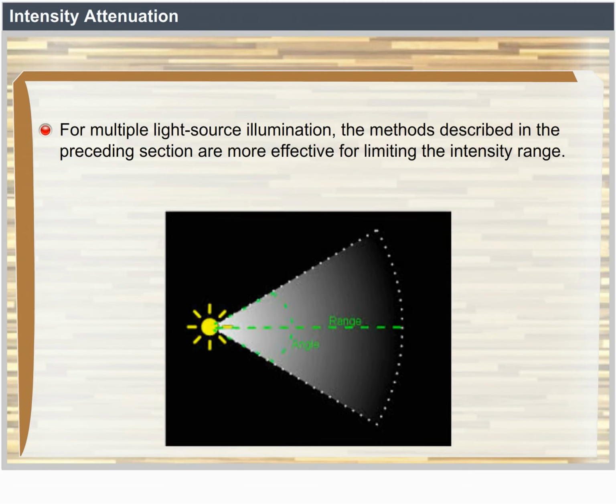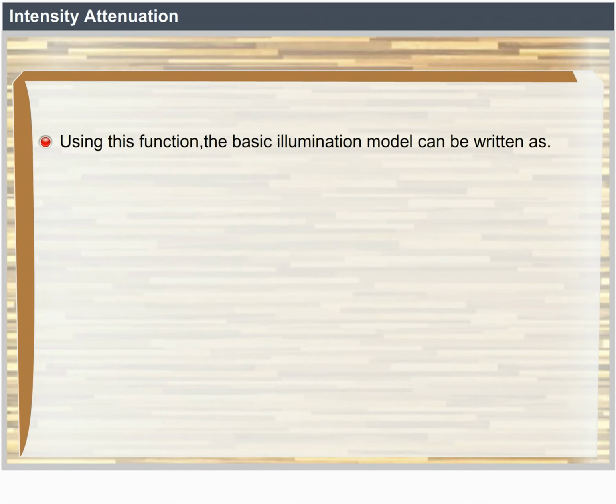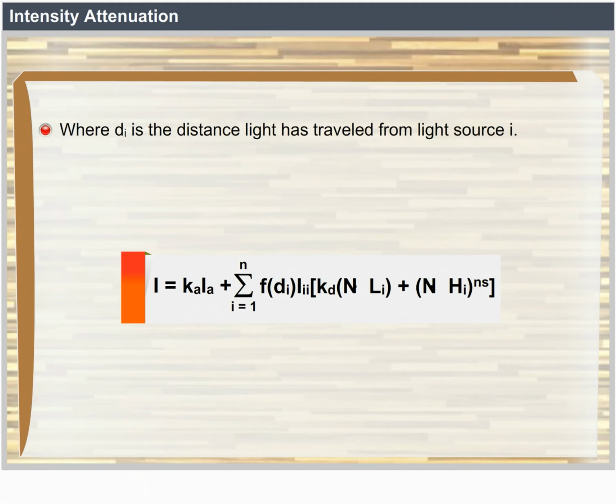With a given set of attenuation coefficients, we can limit the magnitude of the attenuation function to 1 with the calculation f of d equals min of 1 and 1 over a0 plus a1d plus a2d squared. Using this function, we can then write our basic illumination models as shown on the screen, where di is the distance light has traveled from light source i.